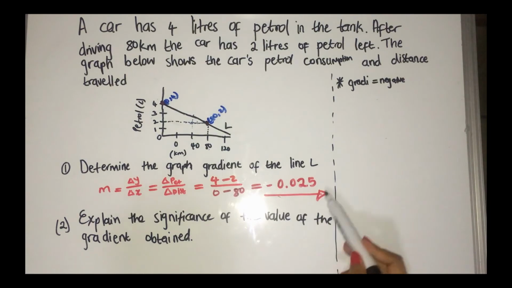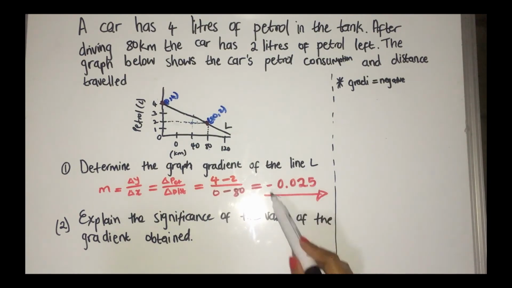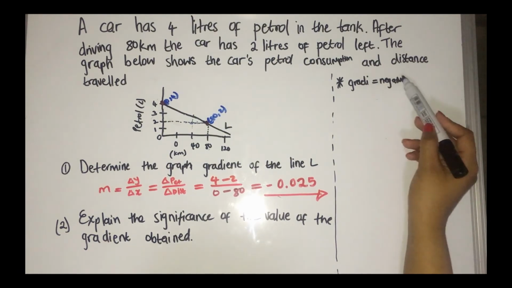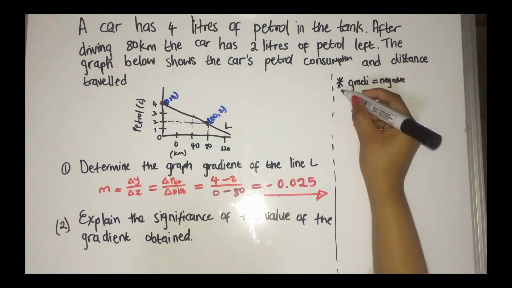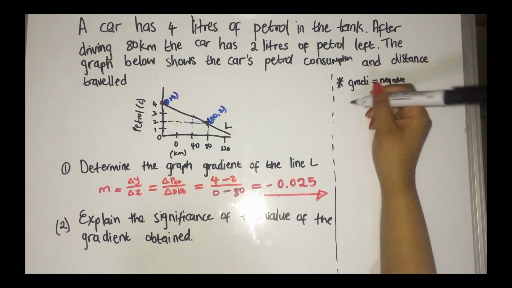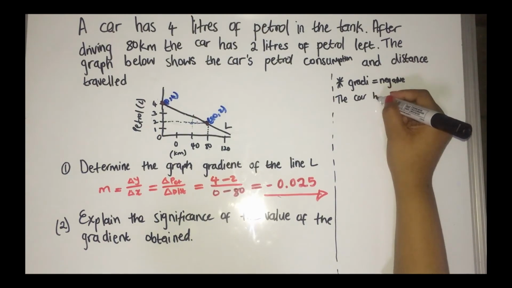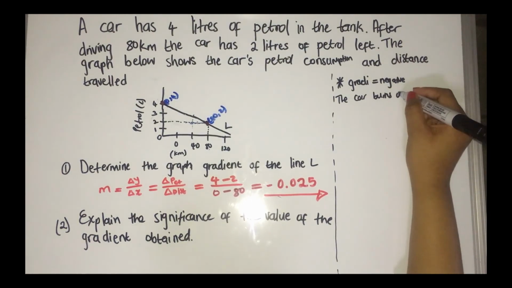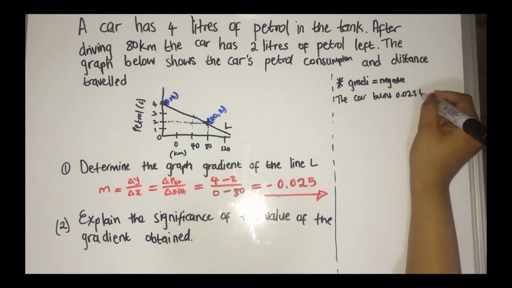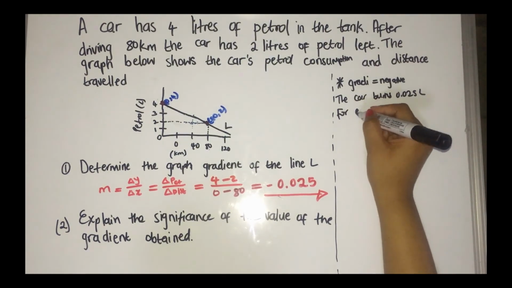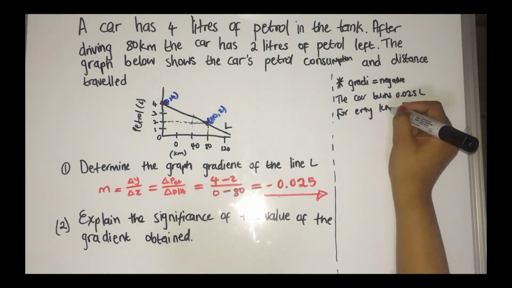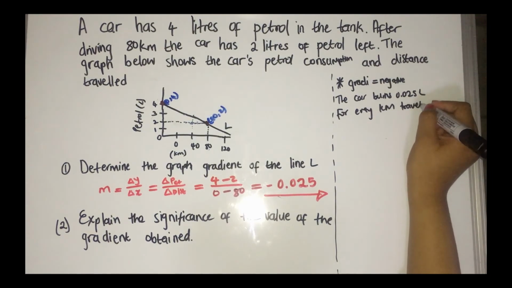Because this is a gradient, it means the car burns these liters for every kilometer that it travels.